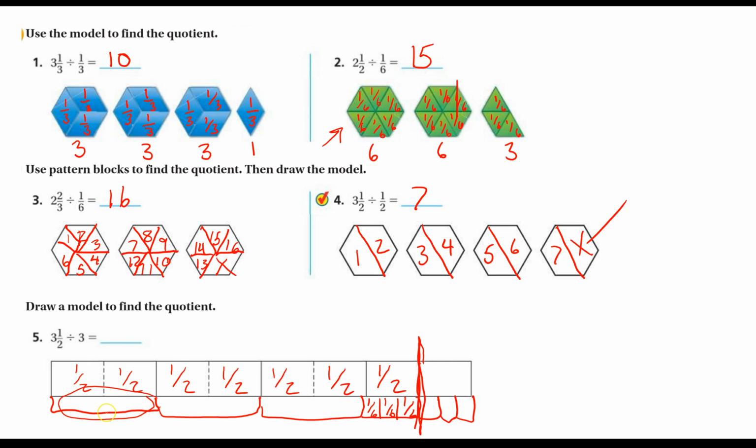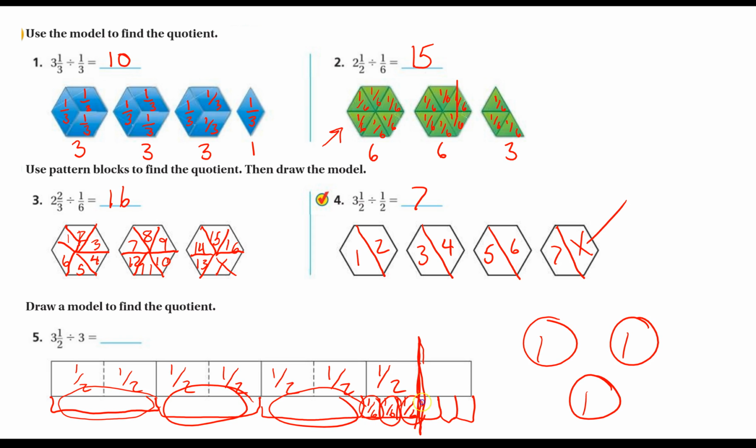Remember, we're breaking it up into 3 groups. So each group would get 1 whole, and then each group would get 1/6. That's what division is. And so this would be 1 and 1/6.